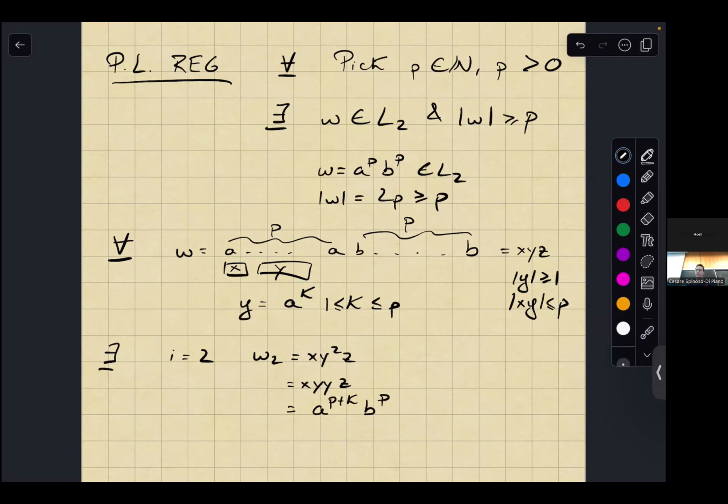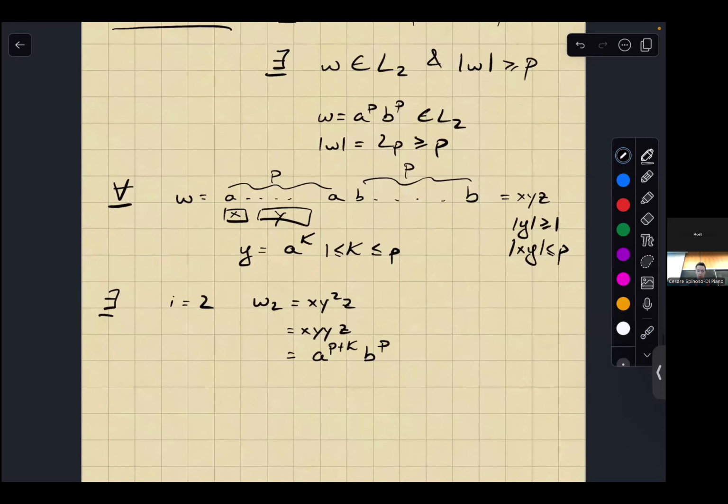And now I just have to check that the difference between the number of A's and the number of B's is strictly greater than one, right? Because then that would tell me that my string is not in L. So I take my number of A's and I subtract my number of B's.